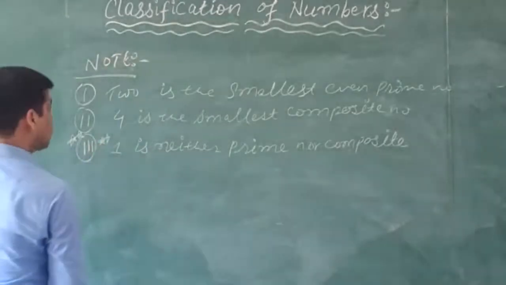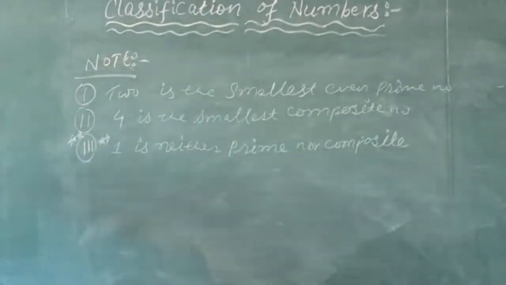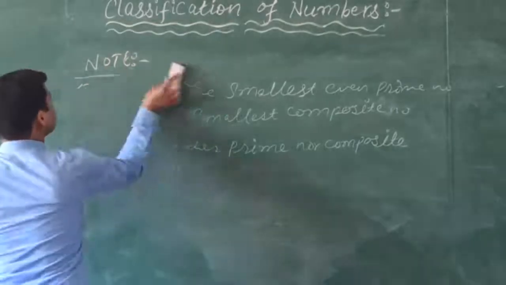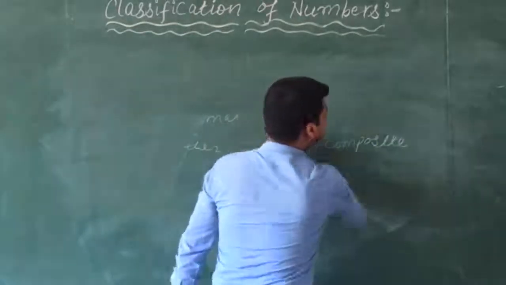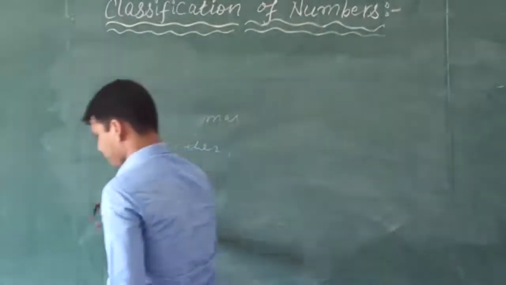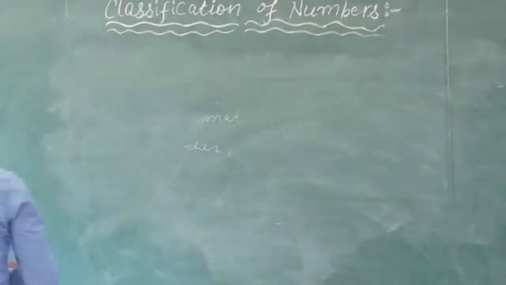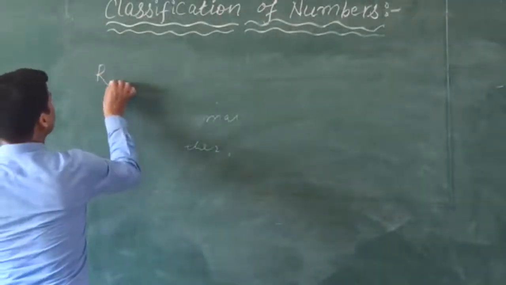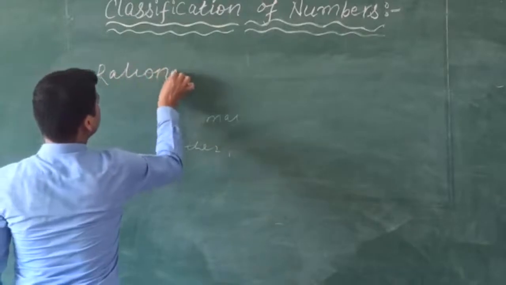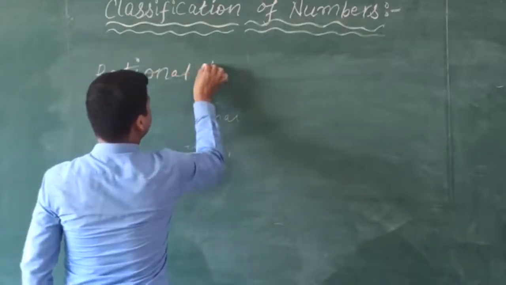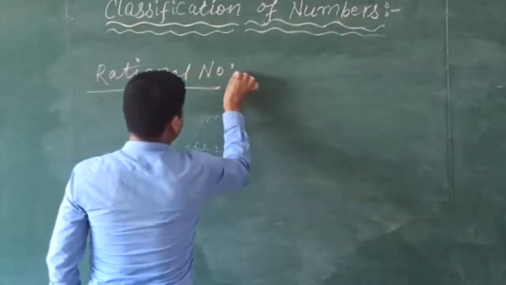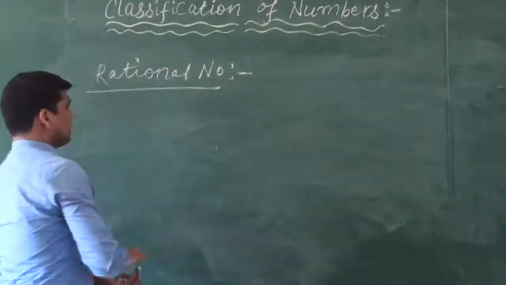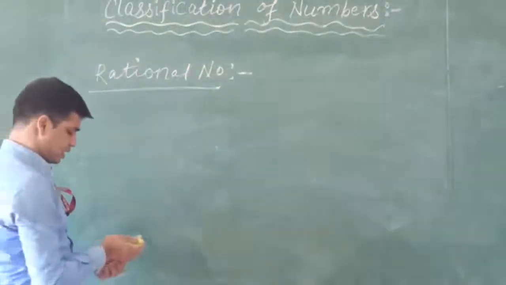Now we are going to start rational numbers. What is called a rational number? We know that rational is made up of ratio.